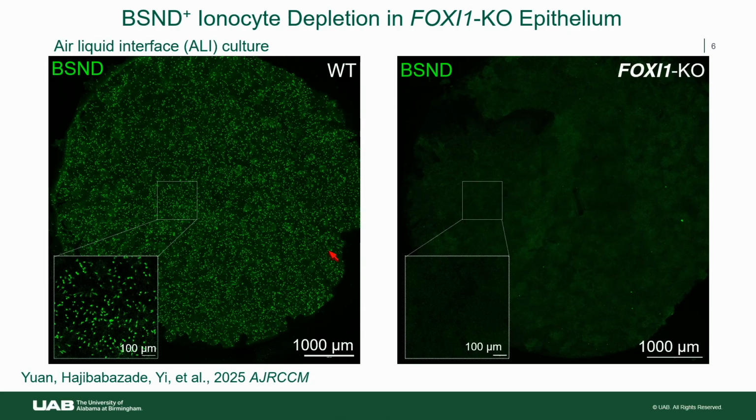And FOXI1 is a key transcription factor which is required for pulmonary ionocyte specification. And in the FOXI1 knockout airway epithelium, we found the absence of the BSND positive ionocytes, which is very consistent with FOXI1 being required for ionocyte specification.